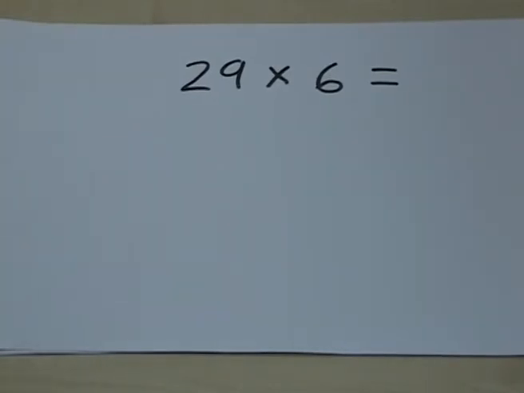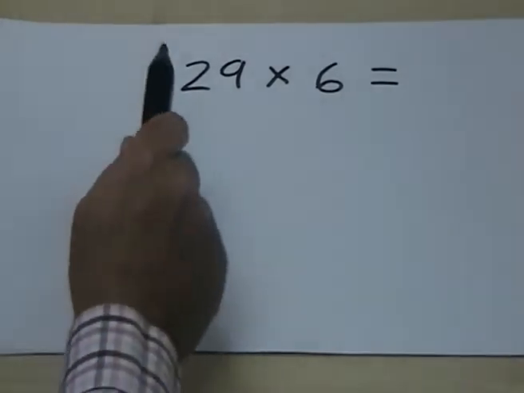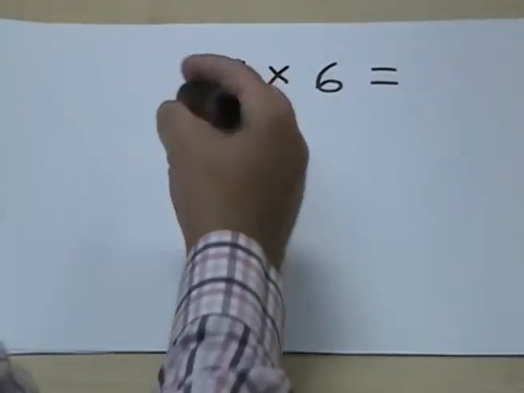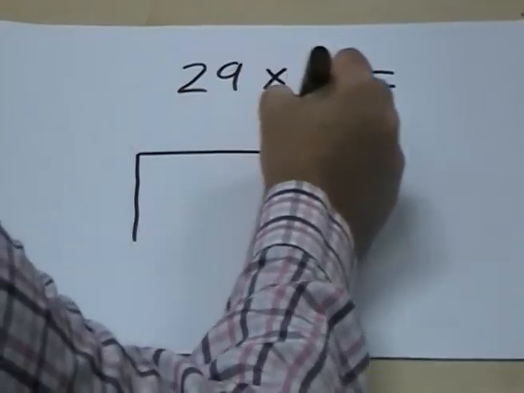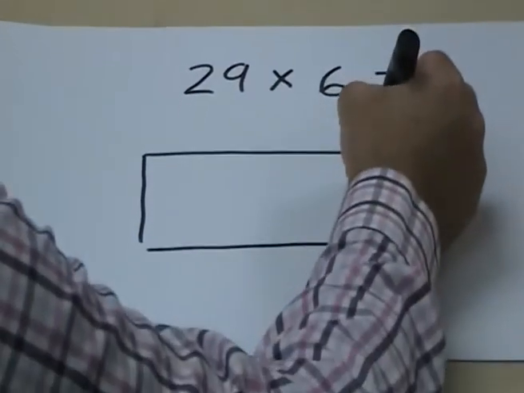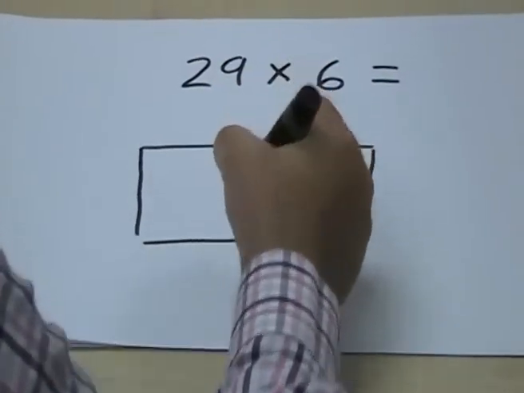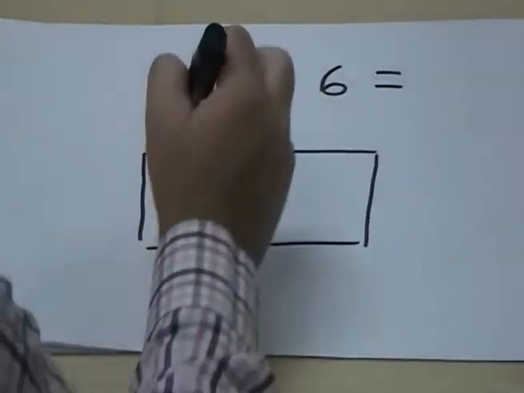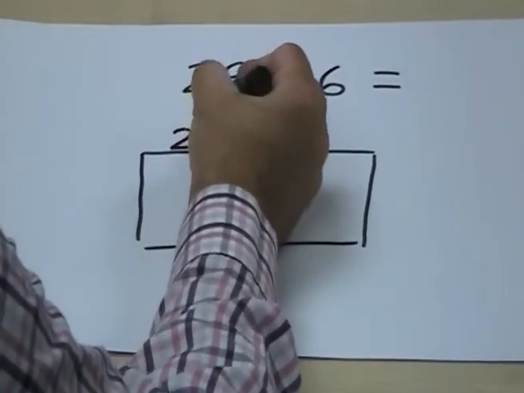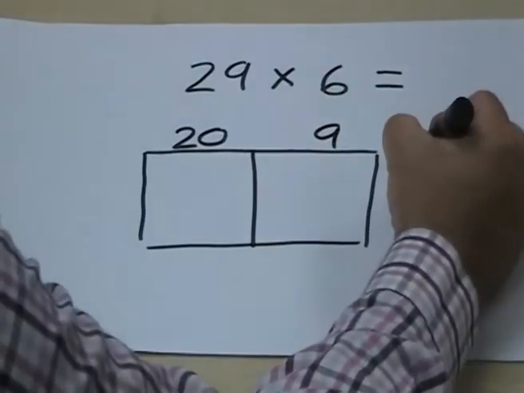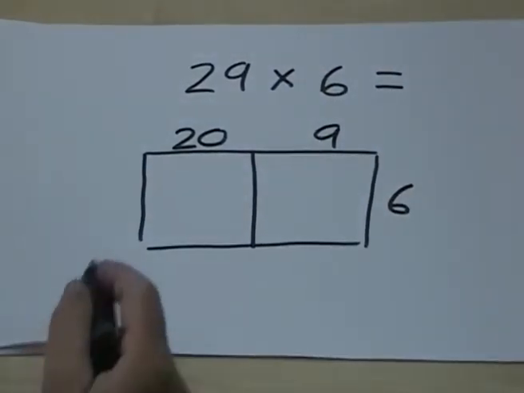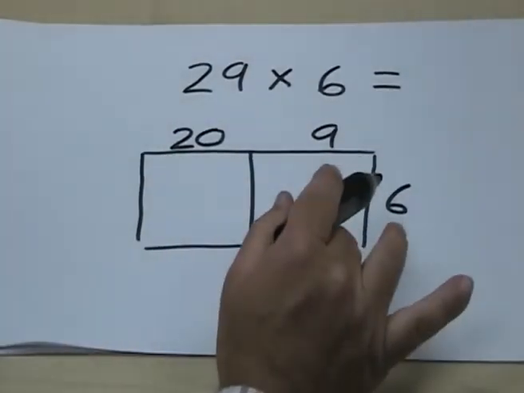Okay, let's have a go. Let's have a look at the size of the grid. The grid is going to be 2 columns by 1 row. We can then partition the numbers. So 29 becomes 20 and 9, and the 6. We then multiply the row by the columns.